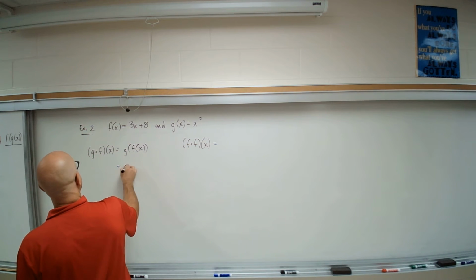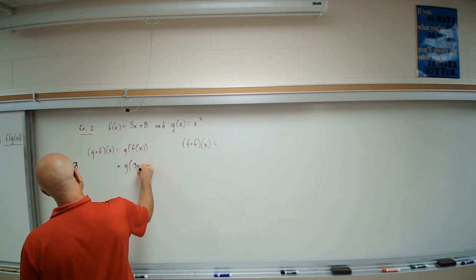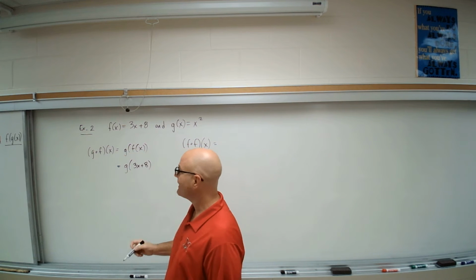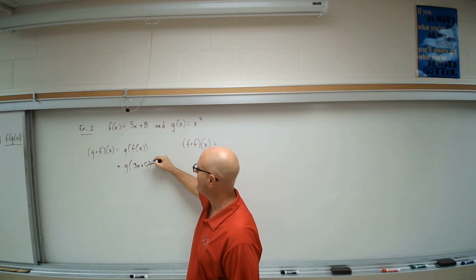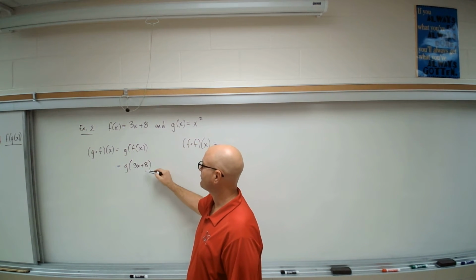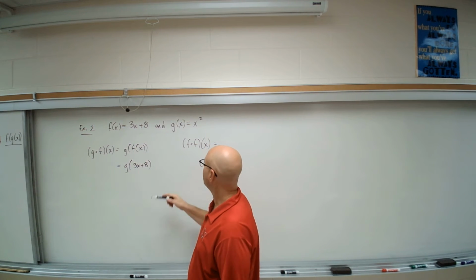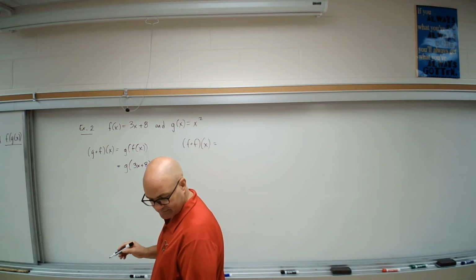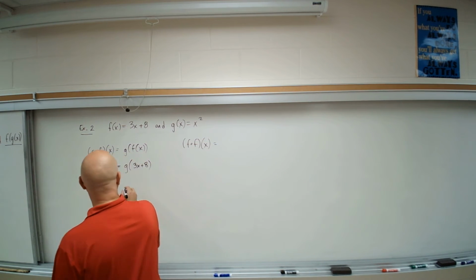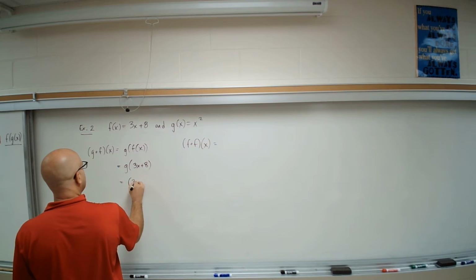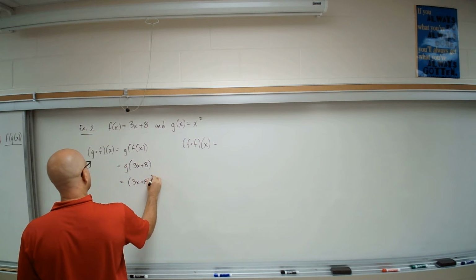And then we're going to get g of 3x plus 8, right? I pulled out the f of x and replaced it with 3x plus 8. It's an equation. That's what we can do. Just substitute there. The rule for g says to square it. Okay, so there we get 3x plus 8 squared.